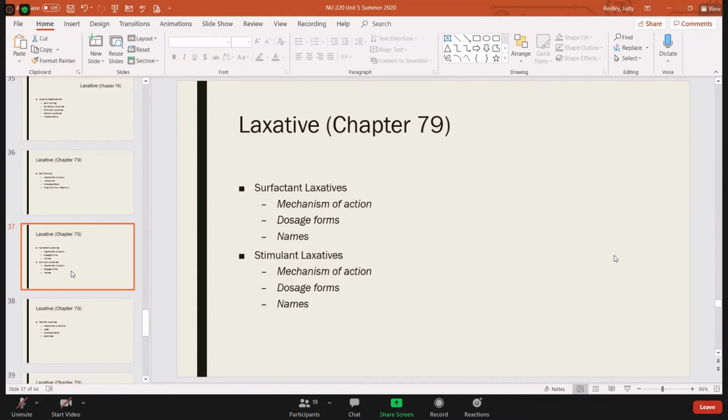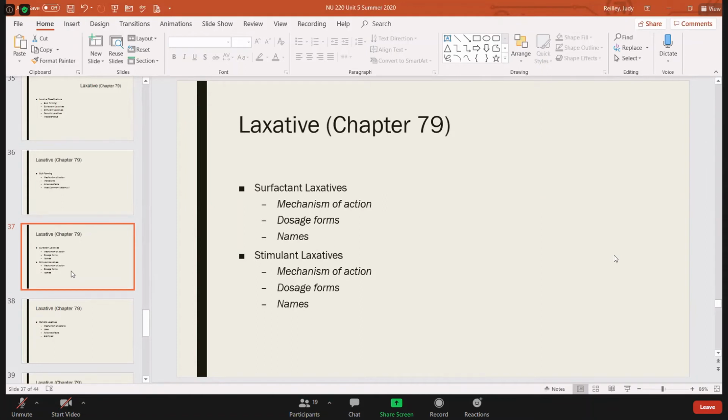When you look at the stimulant laxatives, that stimulates the intestinal tract, and it also increases the amount of water and electrolytes into the intestinal tract. So basically those drugs that you're seeing there is your senna, which is your biggest one probably that you will see.